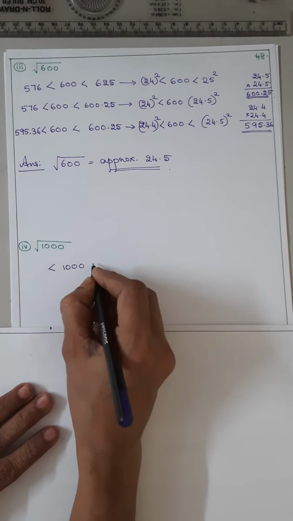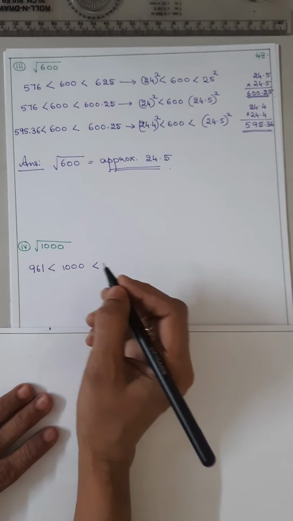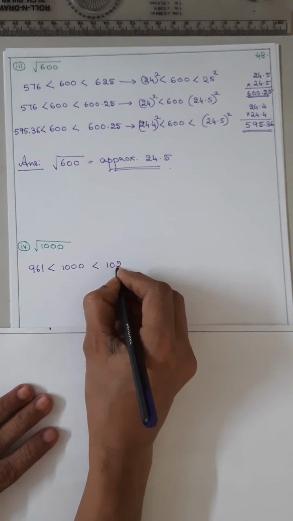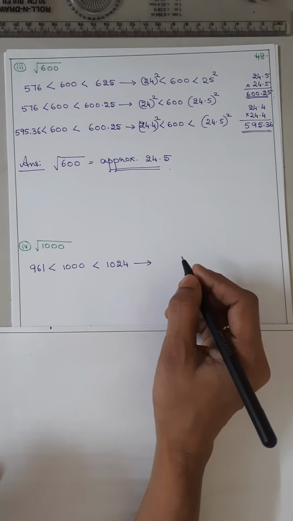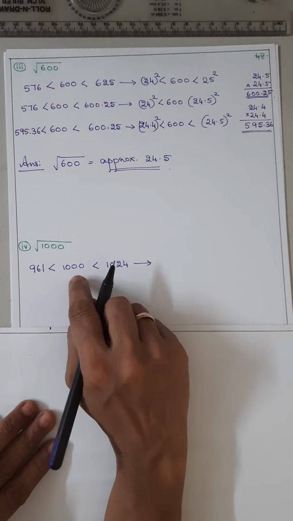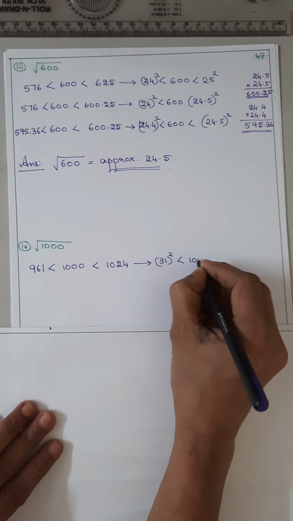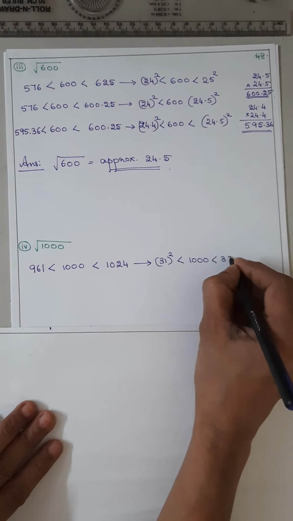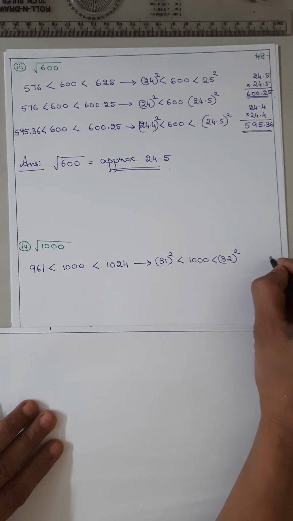So 1000 comes between 31 square is 961 and 32 square is 1024. तो ये अंदाज़ा लगाने का है. 30 तक आप लोग याद किए हैं तो 31 and 32 चेक करो. So it will be between 31 square and 32 square. So now we have to find out 31.5, isn't it?